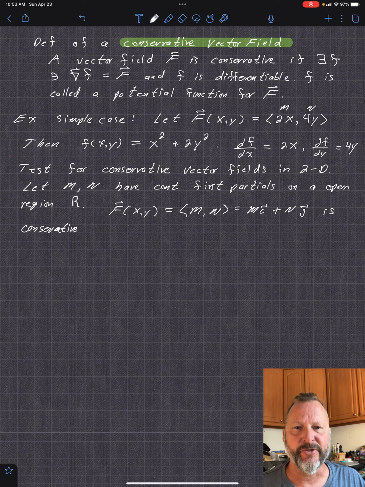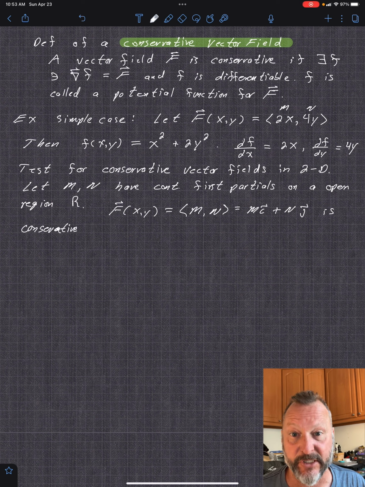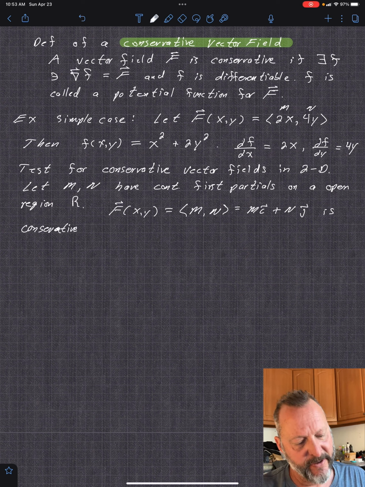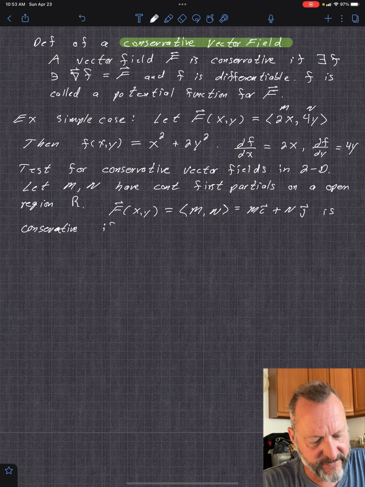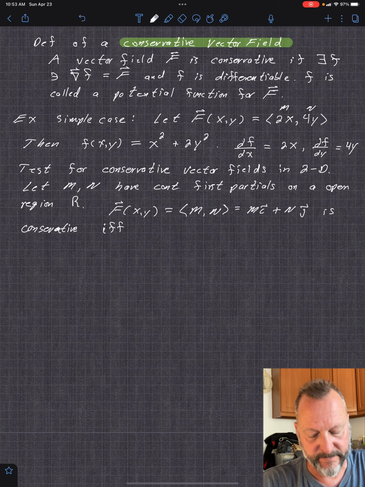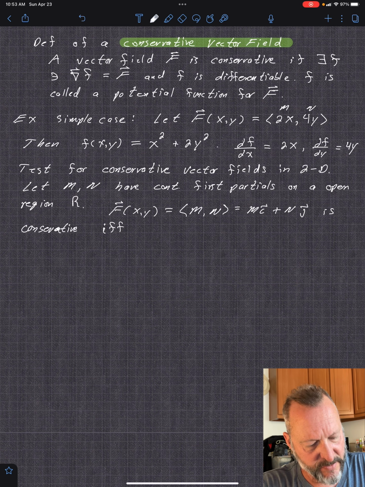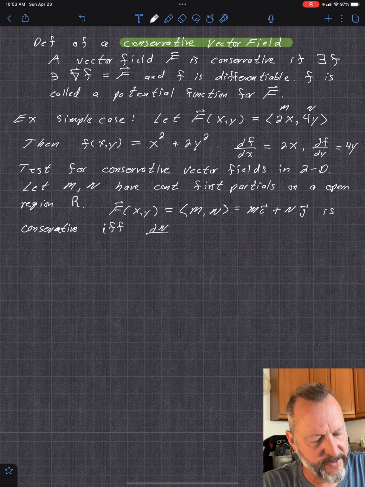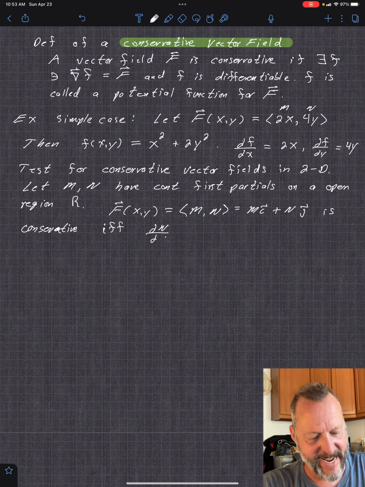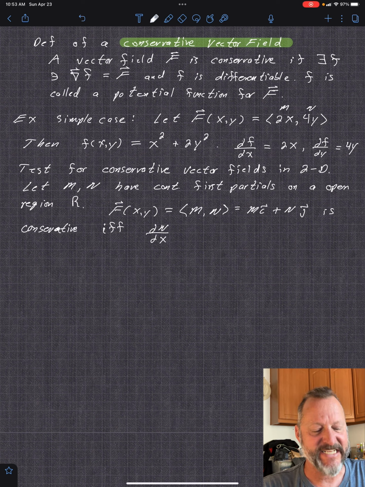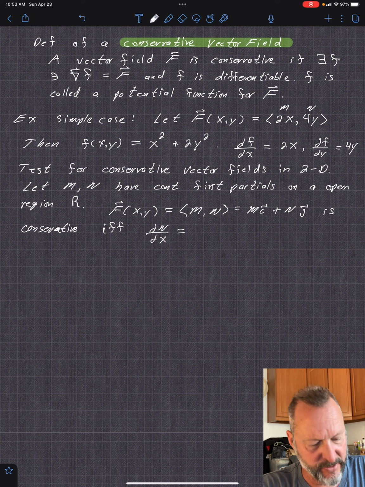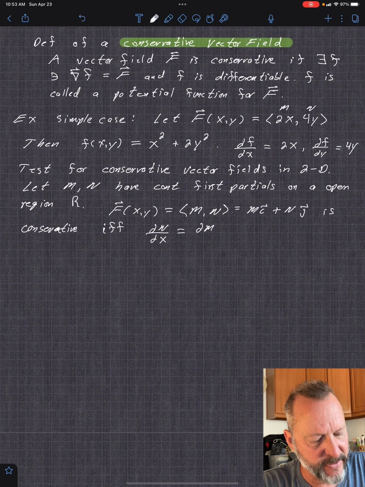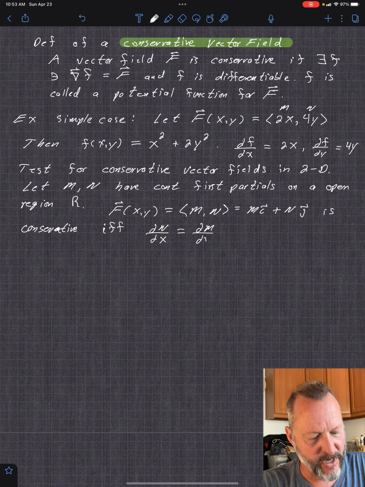This is the test to determine if that potential function exists. So it is conservative if and only if partial n with respect to x, remember it's mn, so in respect to x equals partial m with respect to y.